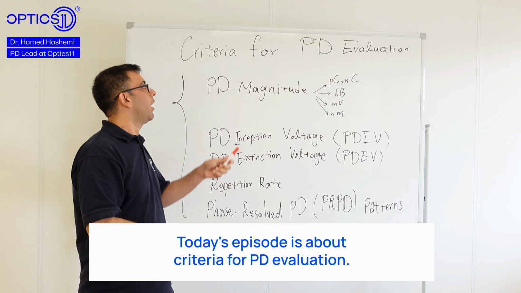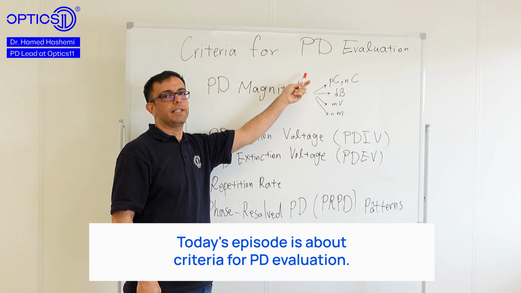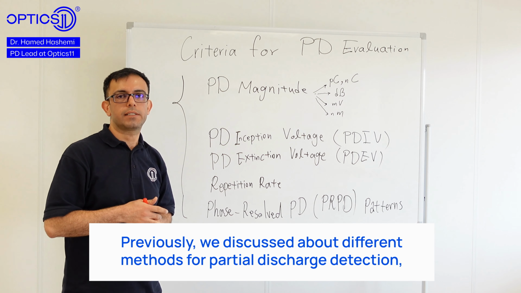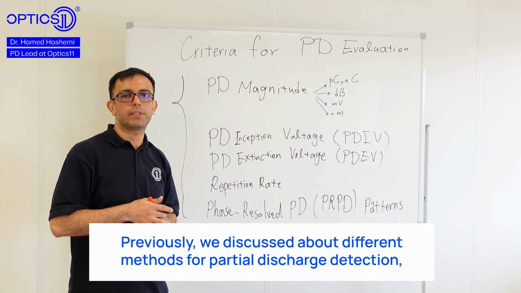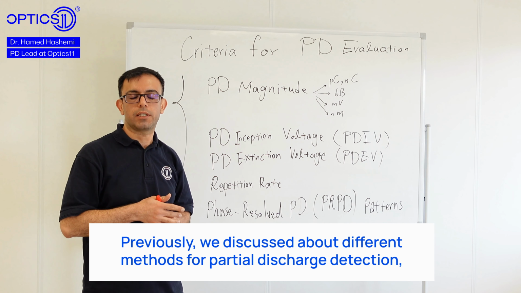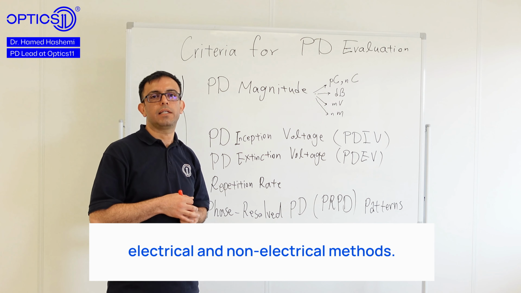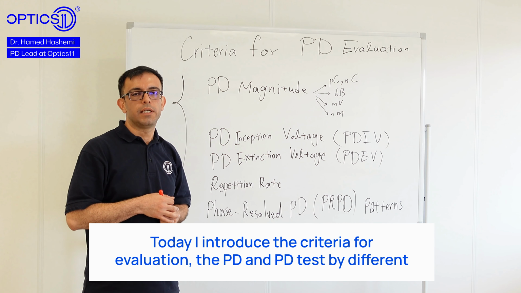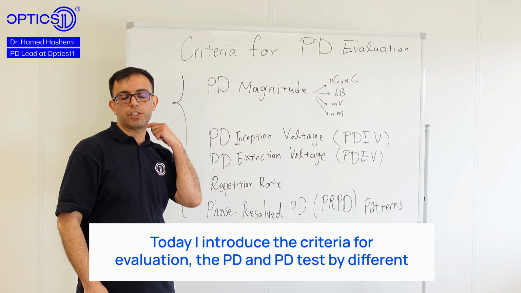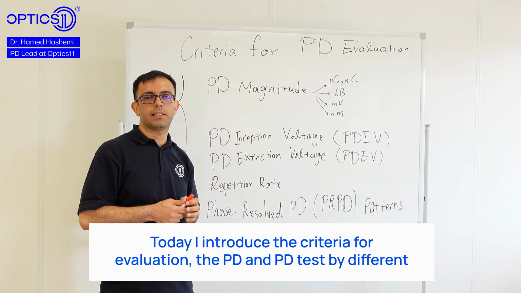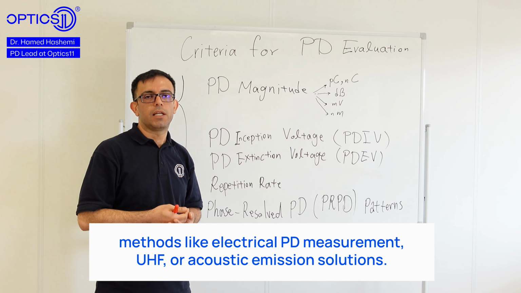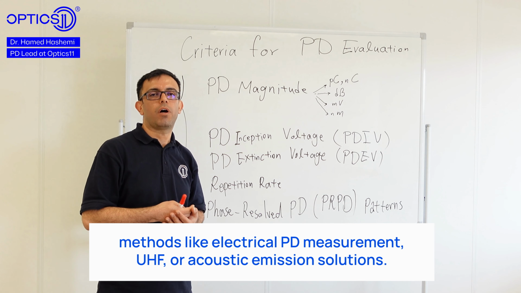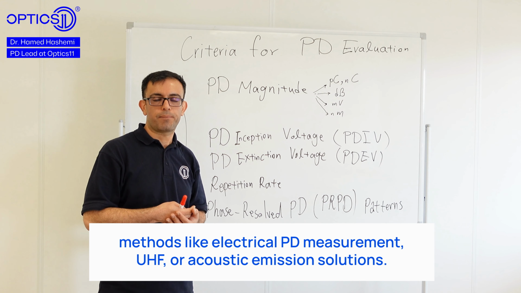Today's episode is about criteria for PD evaluation. Previously, we discussed different methods for partial discharge detection, electrical and non-electrical methods. Today, I introduce the criteria for evaluating the PD and PD test by different methods like electrical PD measurement, UHF or acoustic emission solutions.